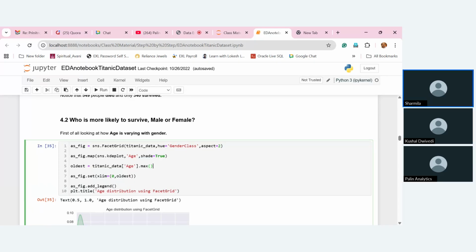I don't have an idea, but maybe male has a higher survival chance if there is a natural calamity or natural disaster, because they can escape so soon.